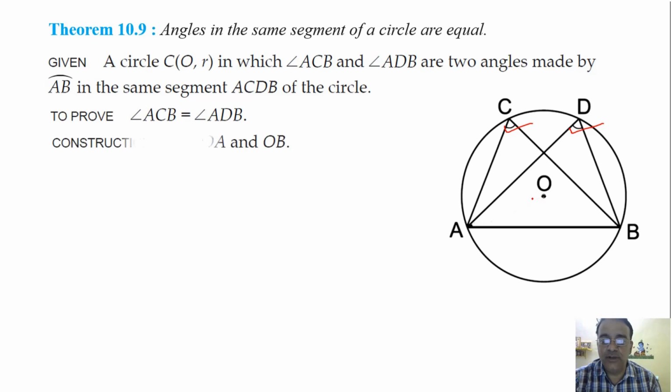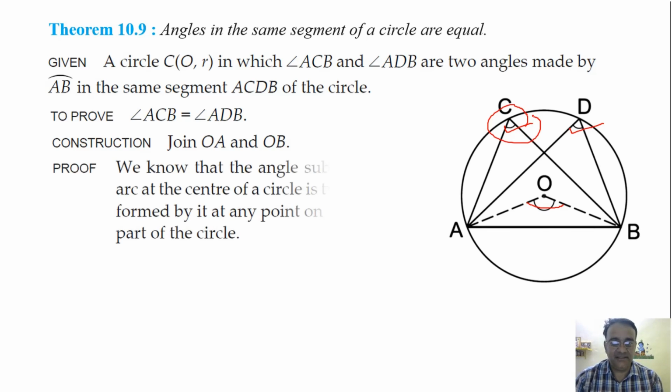Okay, right? So we'll do one construction. We'll join OA and OB. Right? OA को join कर लिए, OB को join कर रहे हैं. Now, just now we have studied that the angle subtended by an arc at center, this one, is double of it at any point on the remaining part of the circle. So that means angle AOB is 2 times angle ACB.